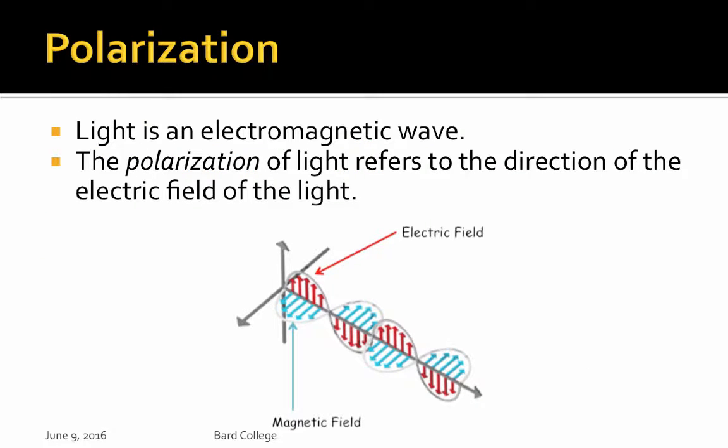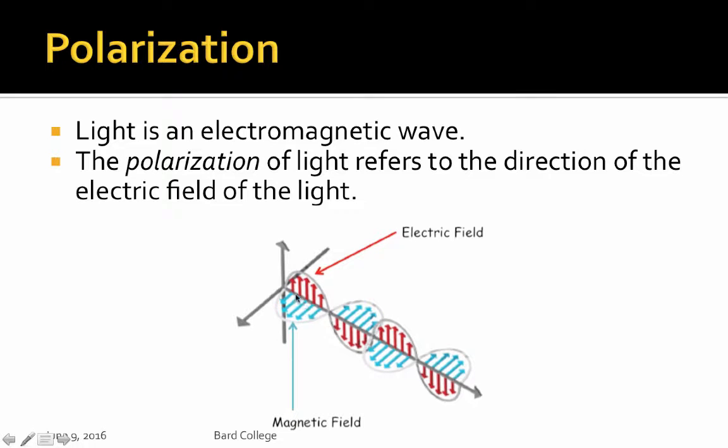So let's step back and learn some information about the things we've just talked about. What is polarization? Very short description is that since light is an electromagnetic wave, so it travels with an electric field and a magnetic field, the polarization of the light refers to the direction of the electric field of the light.